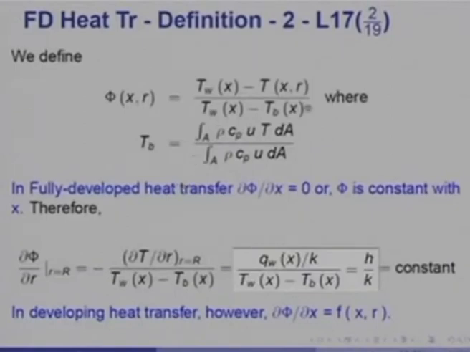You can see if I were to say d phi by dx equal to 0 and dT by dx equal to dT bulk by dx, then dT wall by dx will also be 0.